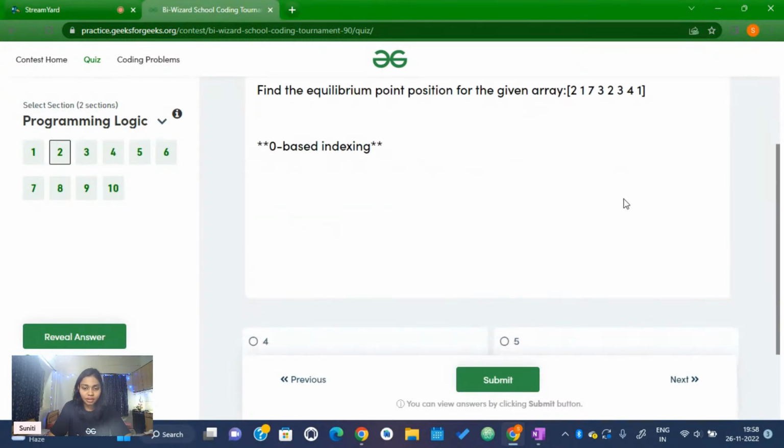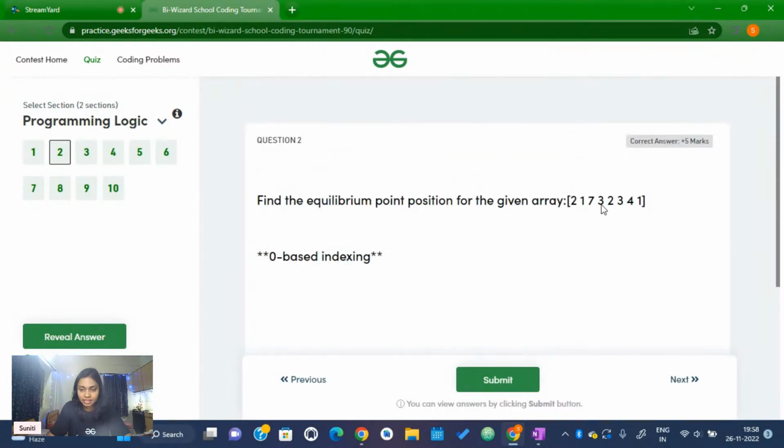Here if you do the calculations, you will see that at index number 3, which is element 3 itself, the sum of the numbers before index number 3 is 2 plus 1 plus 7, which is 10. And after index number 3, we have 2 plus 3, which is 5, plus 4, which is 9, plus 1, which is 10. So 3 is our equilibrium point for this array.